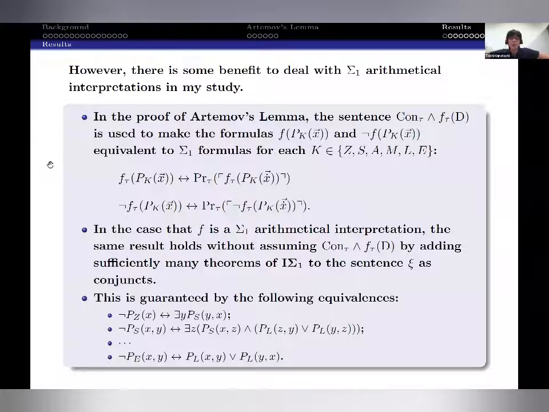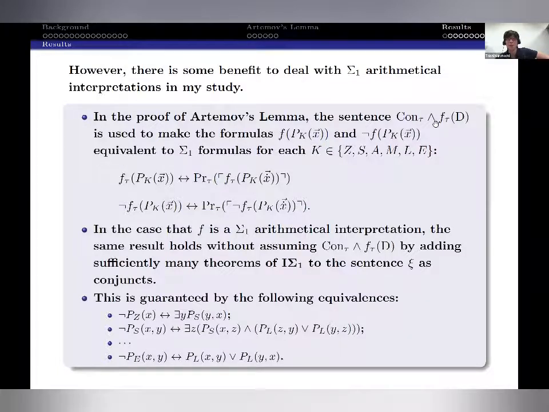However, there is some benefit to dealing with Σ1 arithmetical interpretations in my study. This is because in the proof of Artemov's lemma, the sentence Con(τ) and f_τ(d) is used to make the formulas f(p_k) and the negation of f(p_k) equivalent to Σ1 formulas for each k.